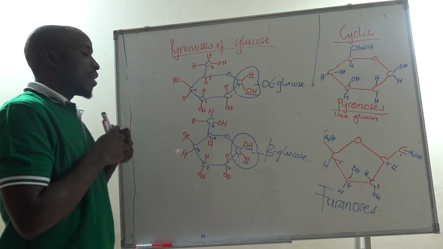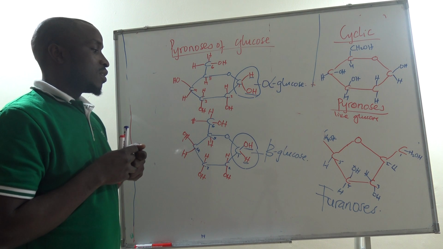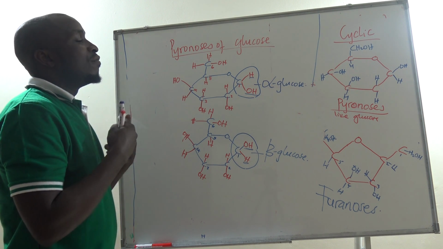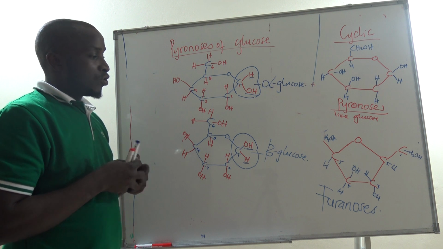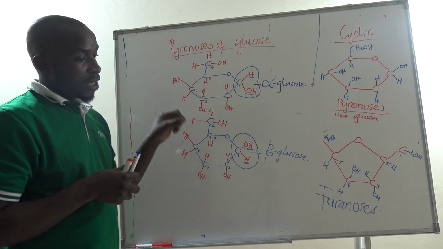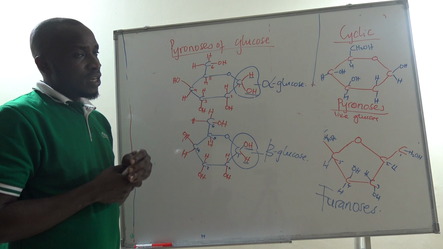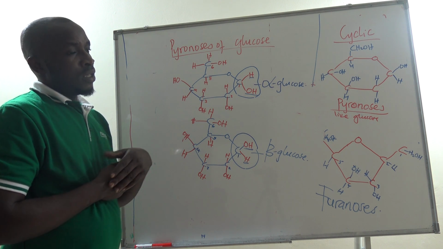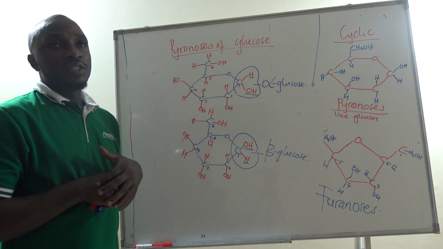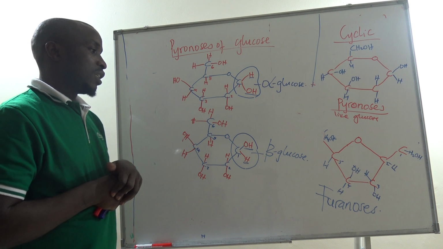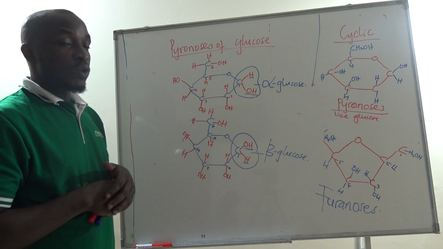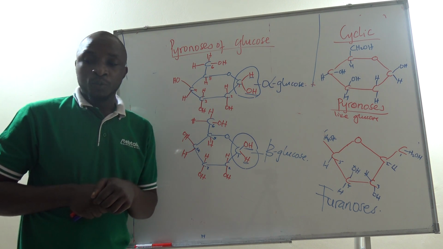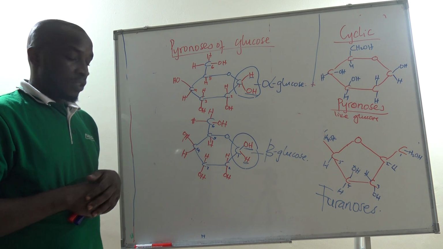There are various carbohydrates because there are very many kinds of monosaccharides. In our subsequent session, we shall look at how to identify monosaccharides if they are present in a food substance. Then we conclude with uses of carbohydrates, uses of monosaccharides in living systems.